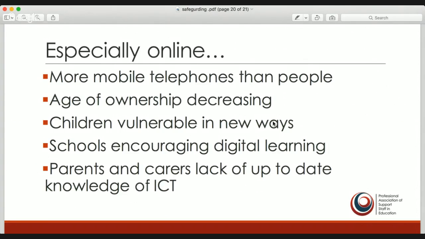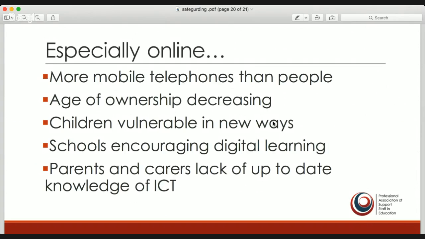They used them as internet browsers to check up information. But it was all checked and it was done very well. But I dare say that there are some children out there, some young people, who would have abused that system and abused the trust that the school had given them. So you have to be vigilant, don't you?